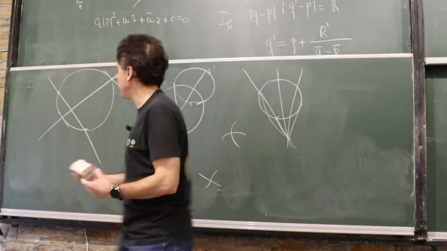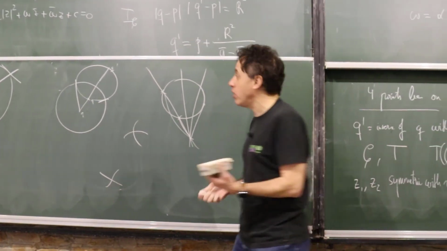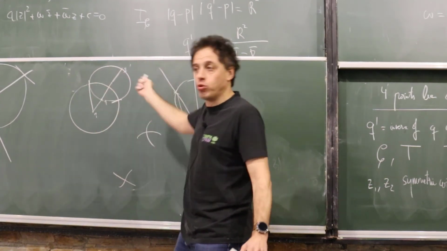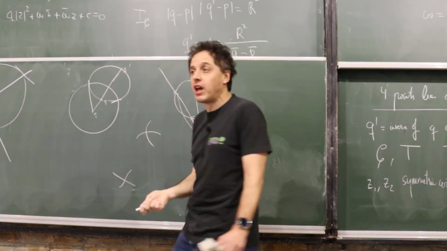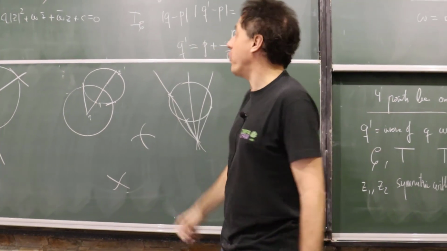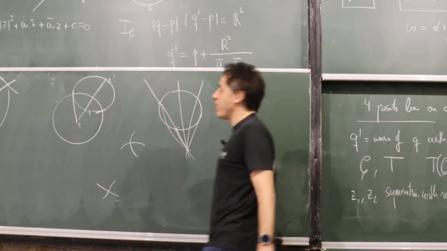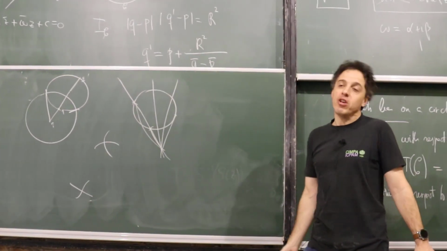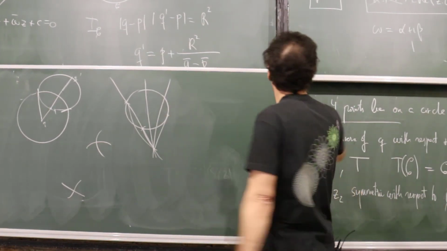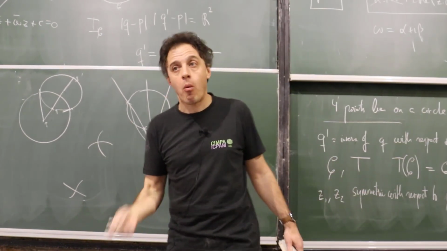Using these facts, and using that circles go into circles by Möbius transformation, you can show that inverse, symmetric points must go into symmetric points, because this is a geometrical property that is preserved by Möbius transformations. It's perhaps a quite beautiful way of proving this property. Using some geometric consideration, but it can be proven in many different ways. What is interesting is that inverse points are always taken into inverse points.